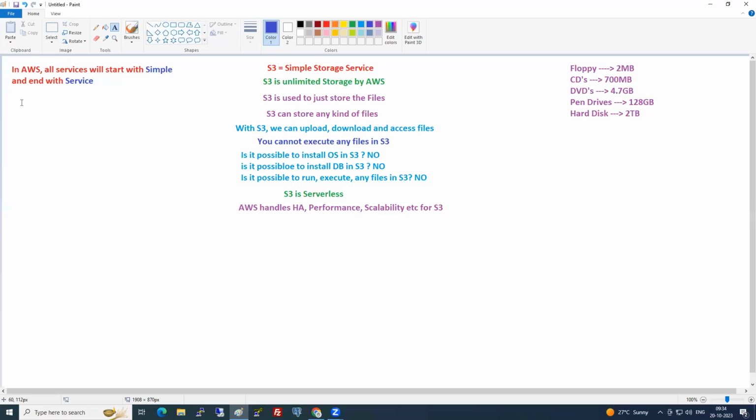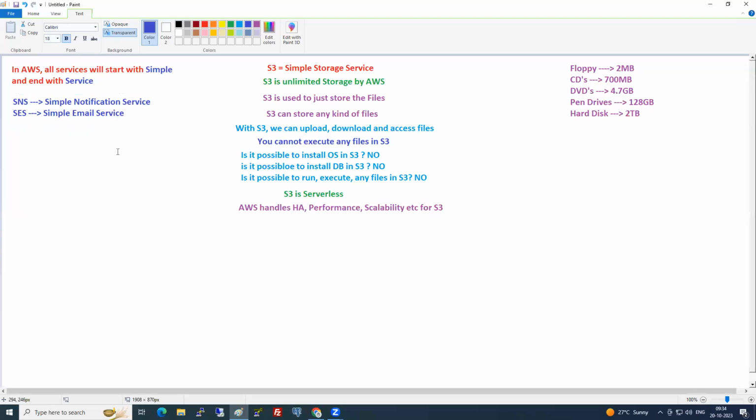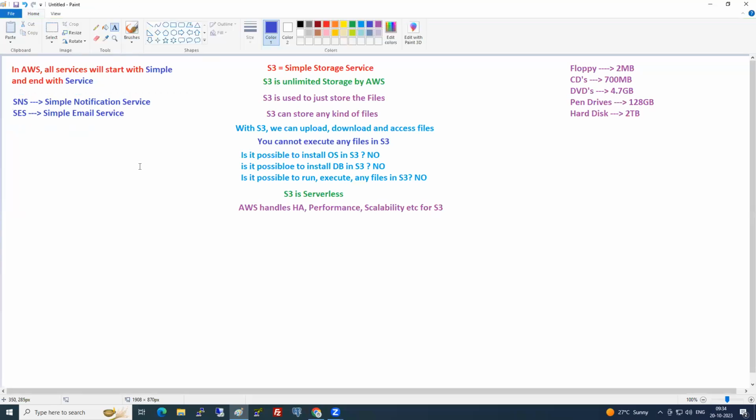What is the full form of SNS now? Simple notification service. This service is to send you notifications. And what is the full form of SES? Simple email service.